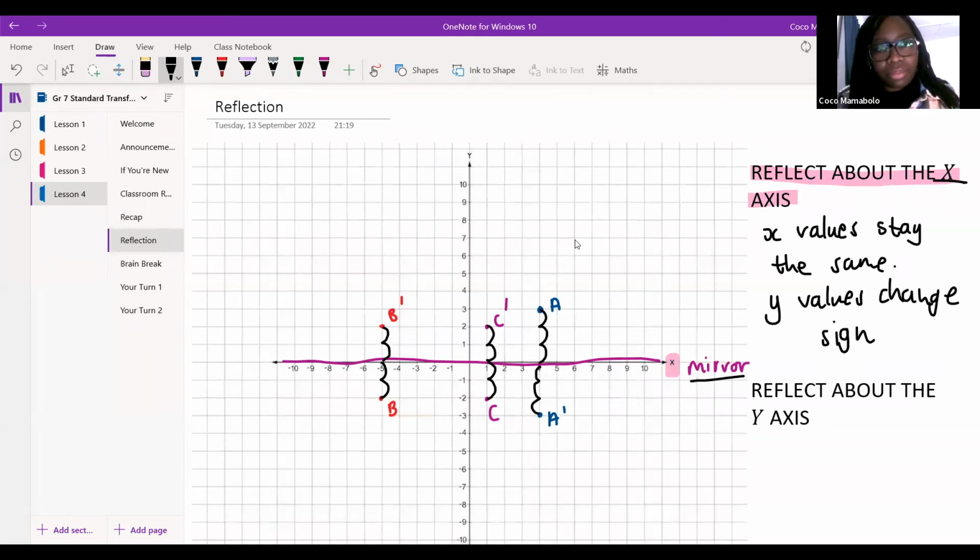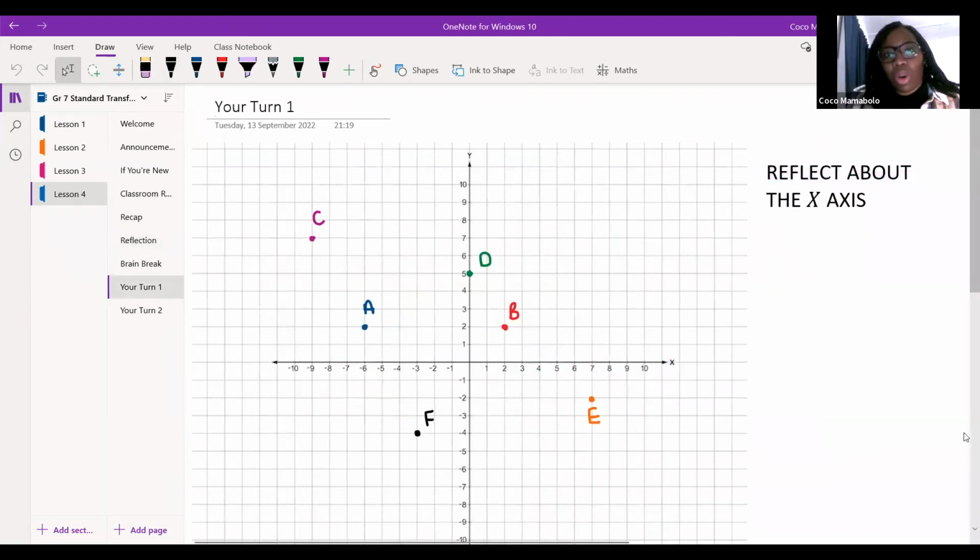Okay. All right, guys, it's your turn. Don't tell me what A is or what B is or what C is. I want you guys to tell me what is A prime. And we are reflecting about the x-axis. So this line over here, this is my mirror.